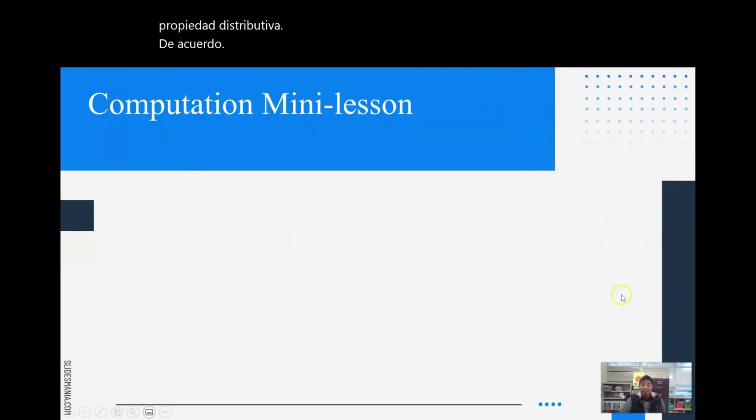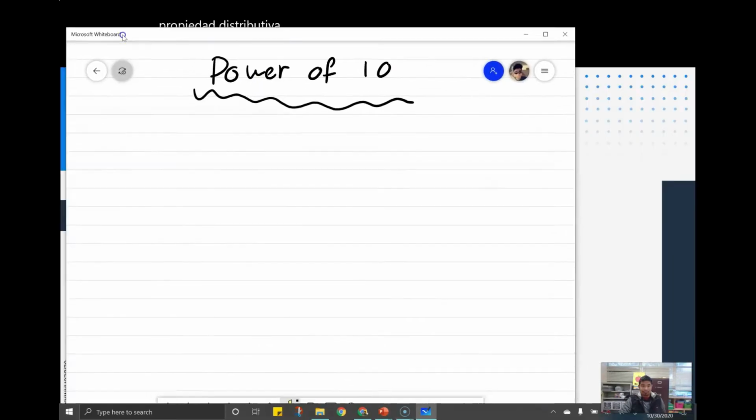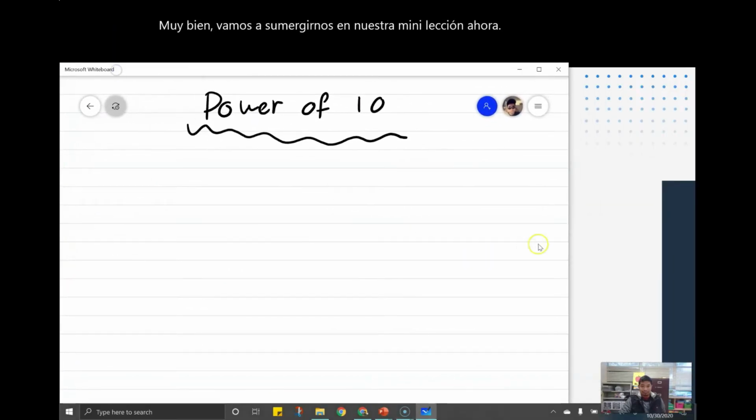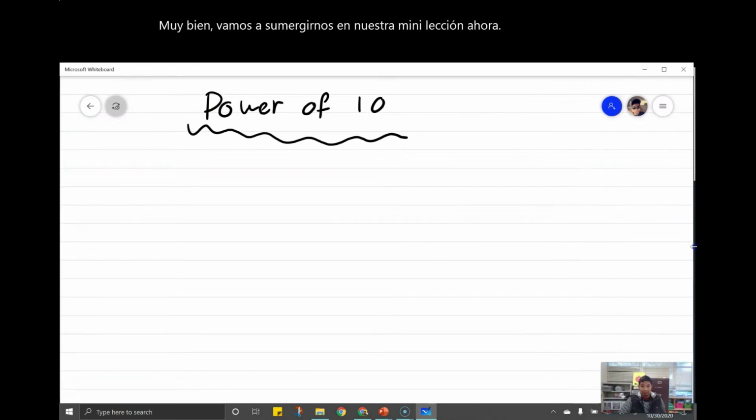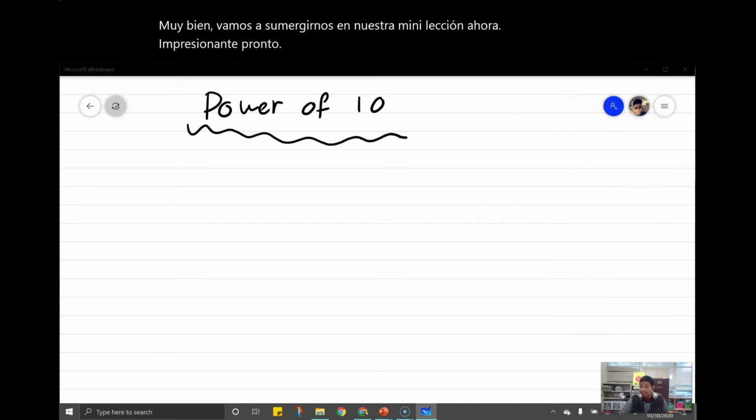Alright, so we're gonna dive into our mini lesson now. Awesome. So, when we're dealing with power of 10, okay, let's see how multiplication works from the beginning, okay?